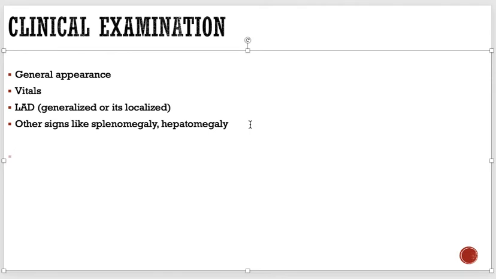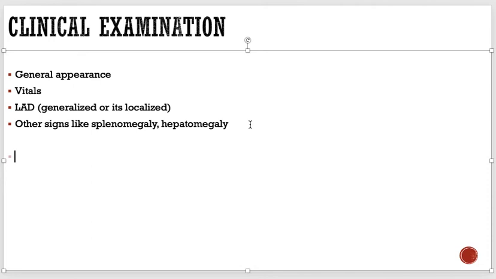We check the temperature. We check whether there is fluctuation or no fluctuation. We see whether there is any tenderness or not.